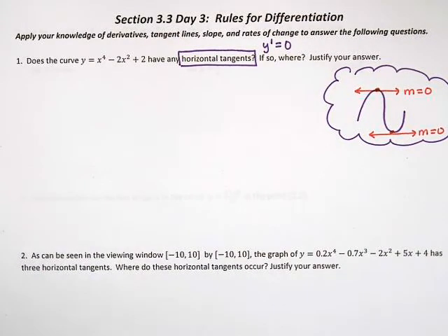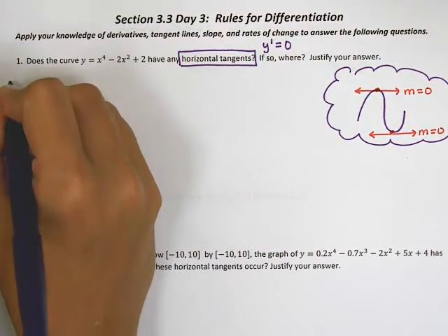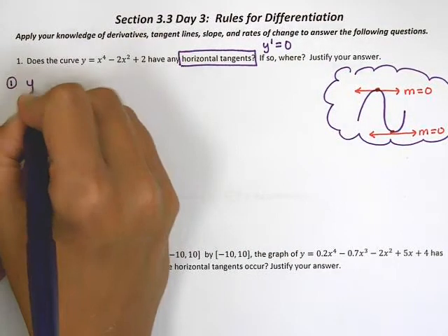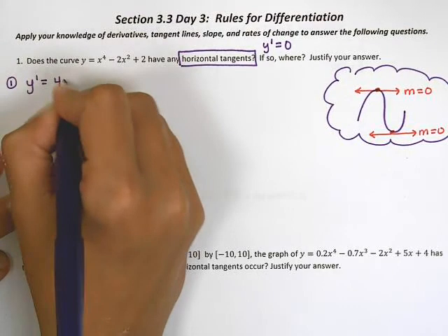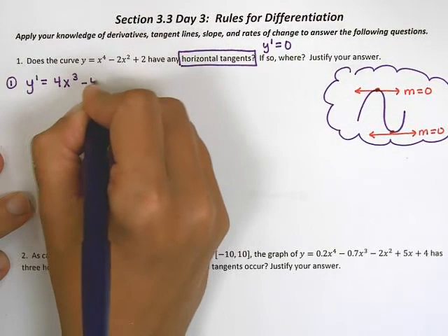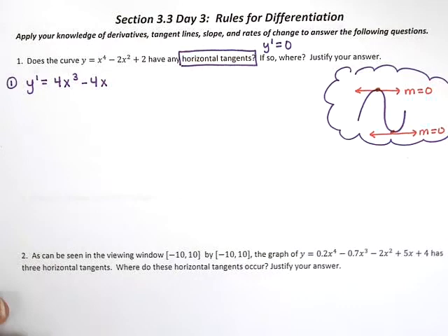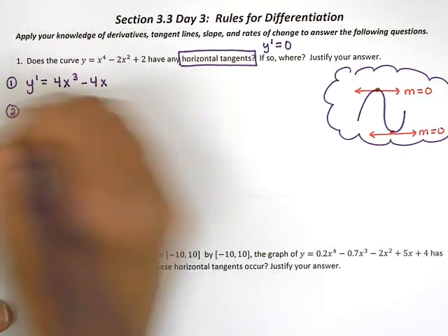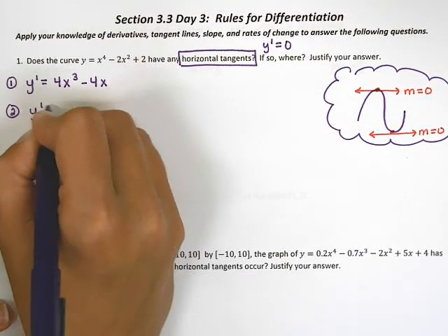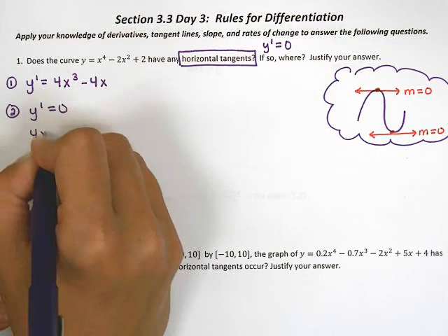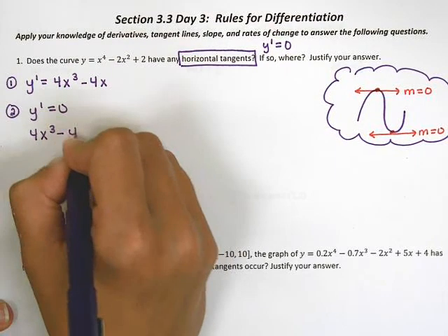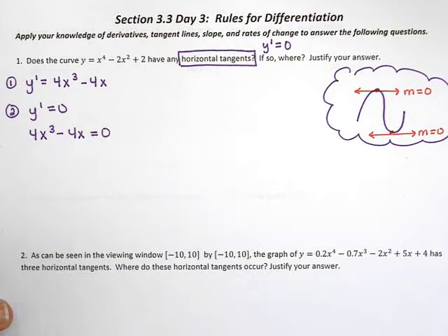So if I want to figure out if I have any of these and where they might occur, the first step is take the derivative. The derivative would be 4x cubed minus 4x. The second step is make that derivative equal to 0 and solve the equation. So 4x cubed minus 4x equals 0.